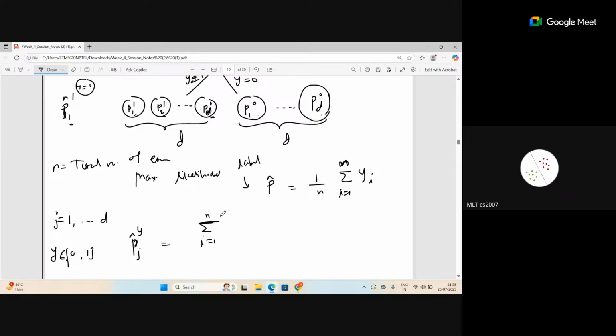I think all of you are aware of the indicator function. What does it do?